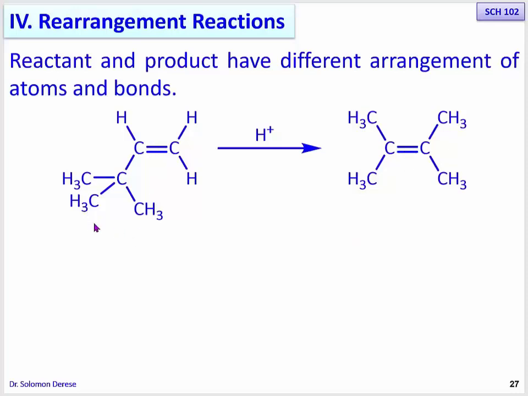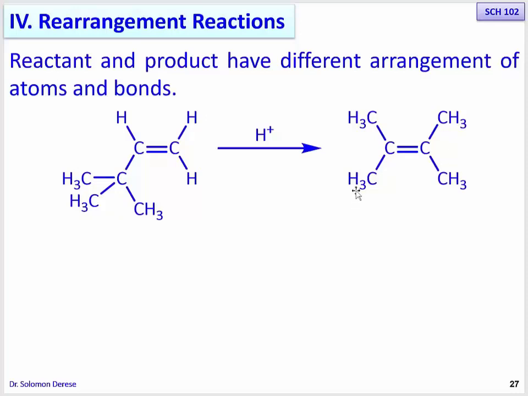If you look, this molecule has 1, 2, 3, 4, 5, 6 carbons, just like this one, 1, 2, 3, 4, 5, 6 carbons. And then you have 3 hydrogens here, another 3, another 3, so 3 plus 3 is 6, plus 3 is 9, 10, 11, 12.